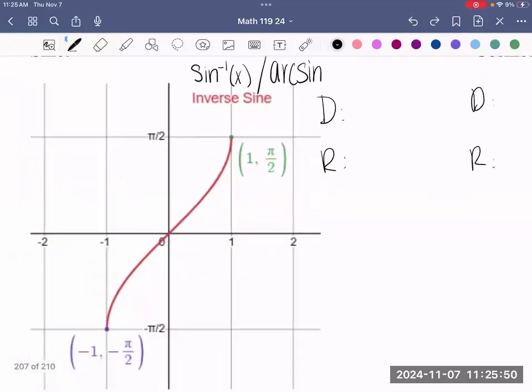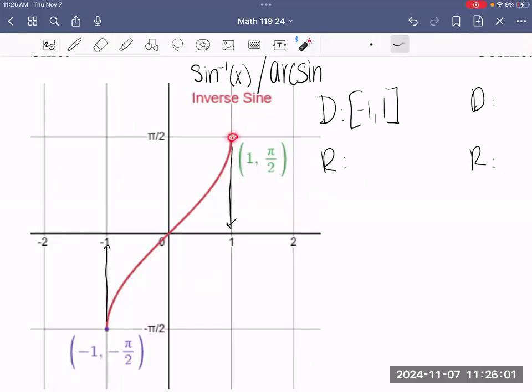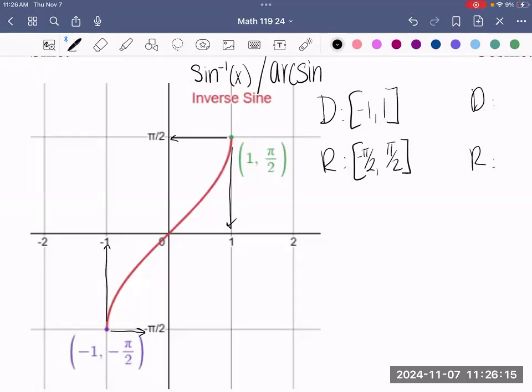Your domain here is going from -1 all the way to +1, and you do have nice solid dots here, so we are able to include those values. Your y value is going from -π/2 to +π/2. Again, we have solid dots, so we can include these values.